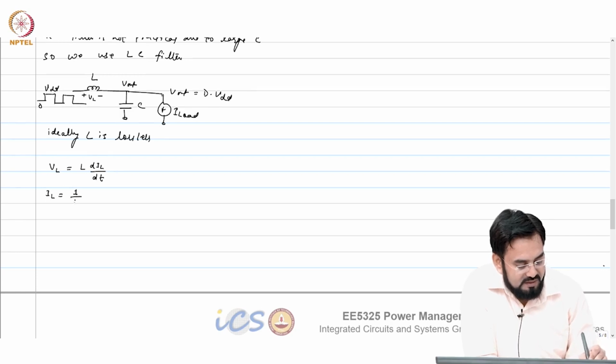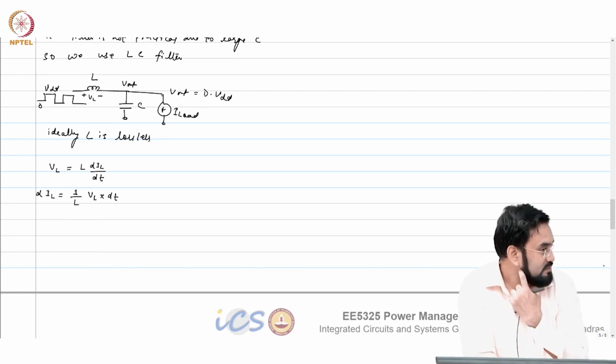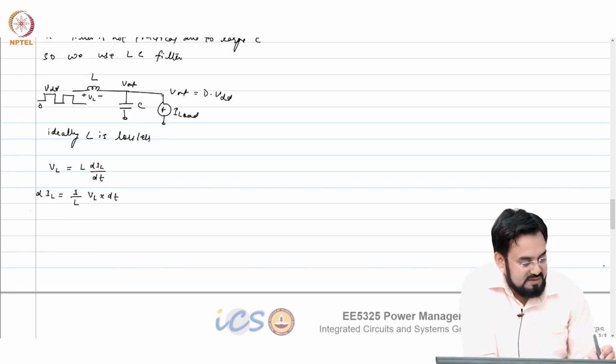So 1 over L VL times dt. Okay, correct. I am looking at a small signal, so if I look at the delta component only, I write delta IL equals 1 over L VL dt.